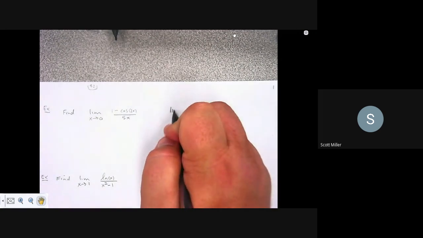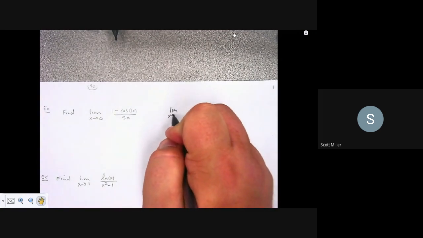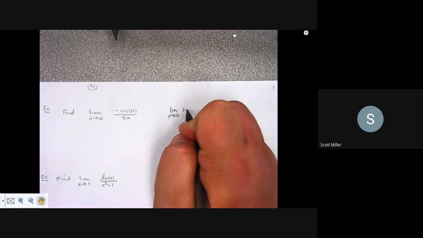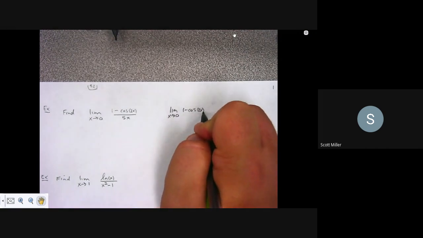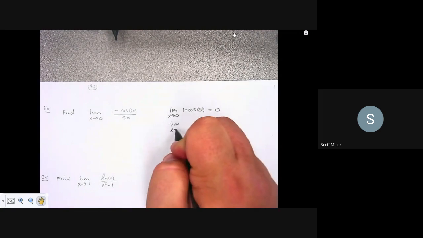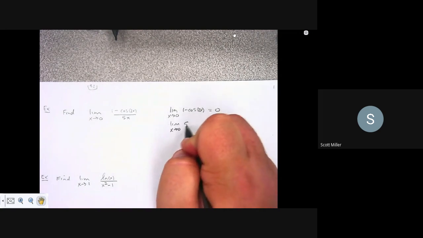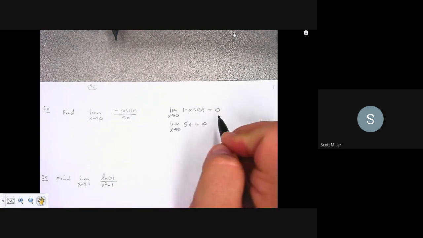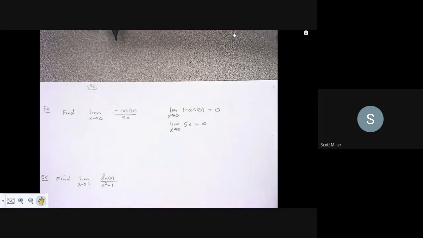What is the limit as x approaches 0 of the top, 2x? Well, that is 0. What is the limit as x approaches 0 of the bottom? That is 0. Okay? And then you write this statement.